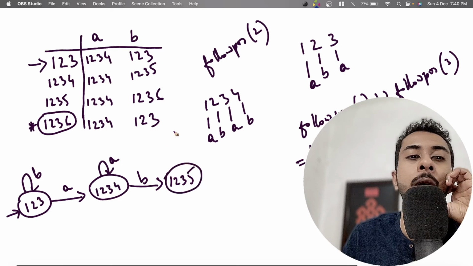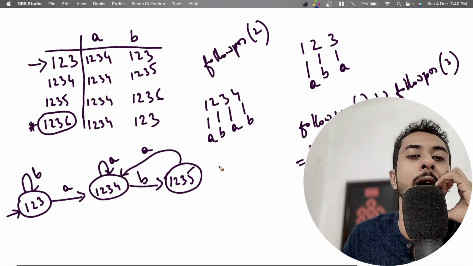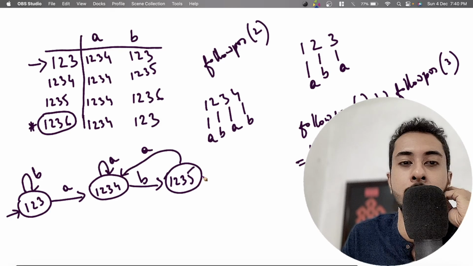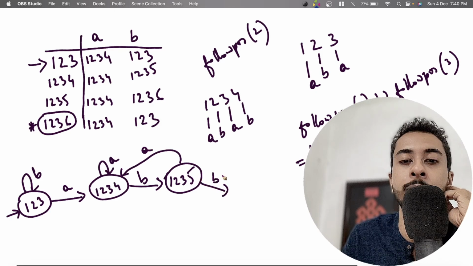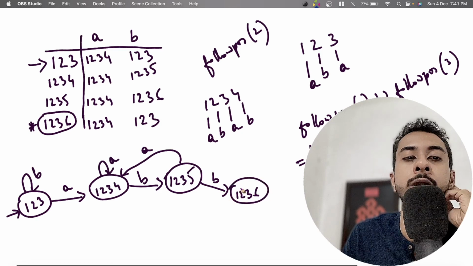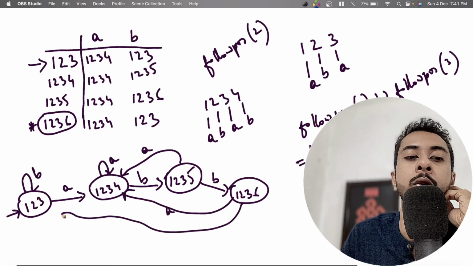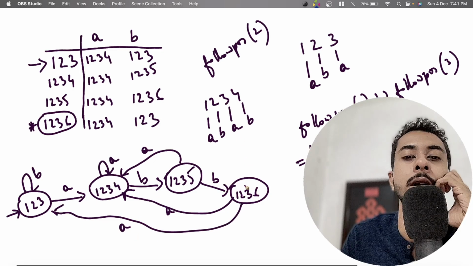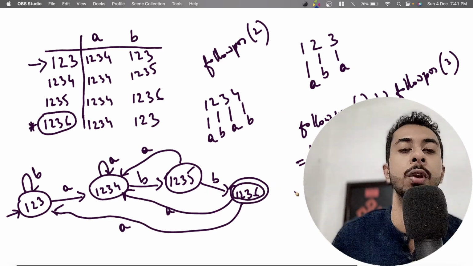And 1 2 3 5 on A goes back to 1 2 3 4, and on B it goes to a new state, 1 2 3 6. And 1 2 3 6 on A goes back to 1 2 3 4, and on B it goes back to 1 2 3. And this is the final state. So this is your corresponding DFA.